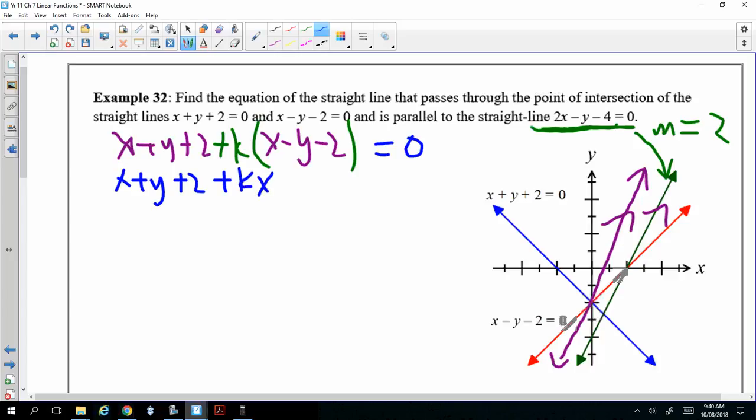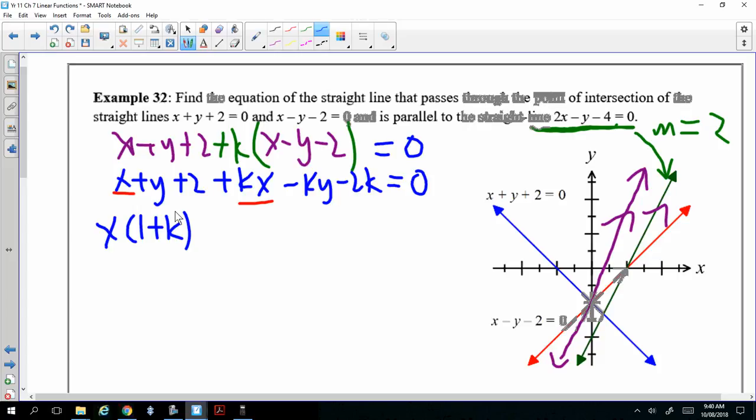Like these two are like terms, they both have x. So you write x(1 + k). Does it make sense? I factorize the x out. x(1 + k). Next, y(1 - k). These two. And then finally, plus 2 minus 2k is 0.